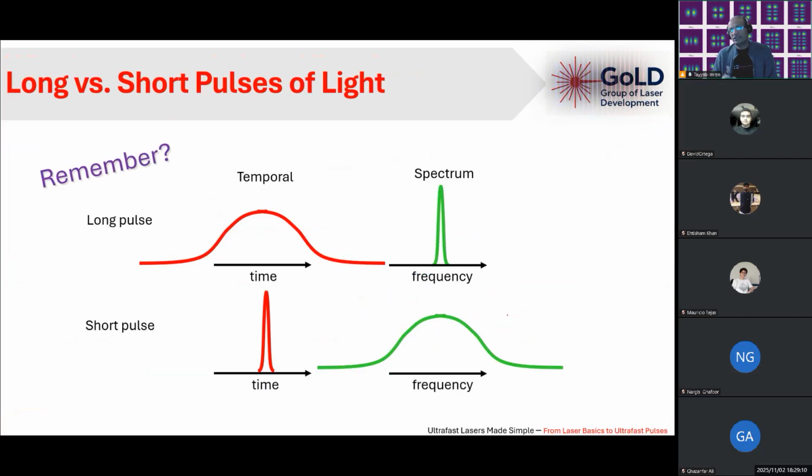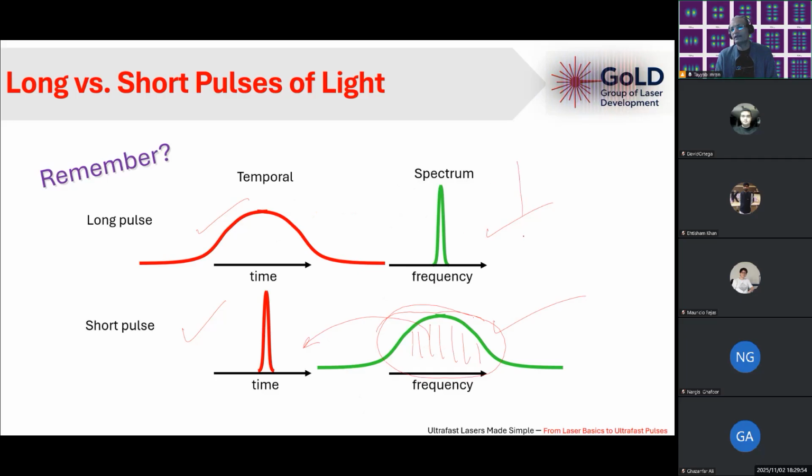If you remember, for your memory, the longer the pulse, the narrower the spectrum. But if the pulse is short, you have a very broad spectrum. Because we need many modes to be locked so that we can have a shorter pulse. And in case of a longer pulse, we don't need a very broad spectrum.